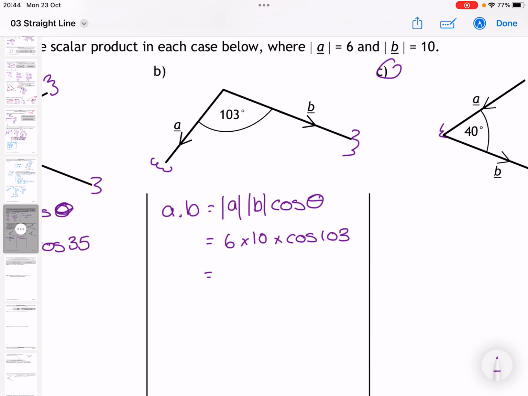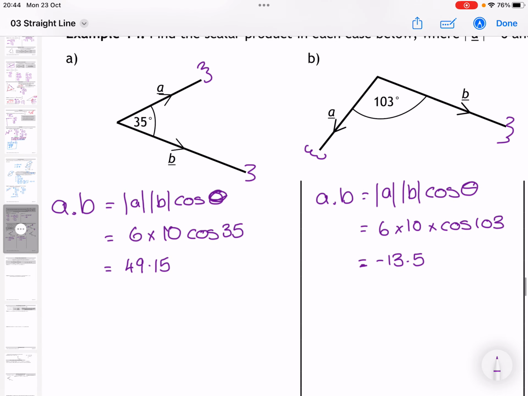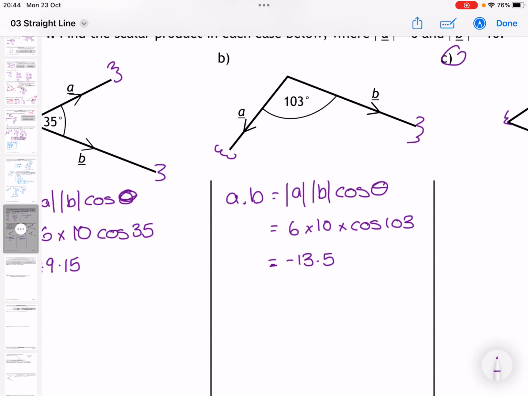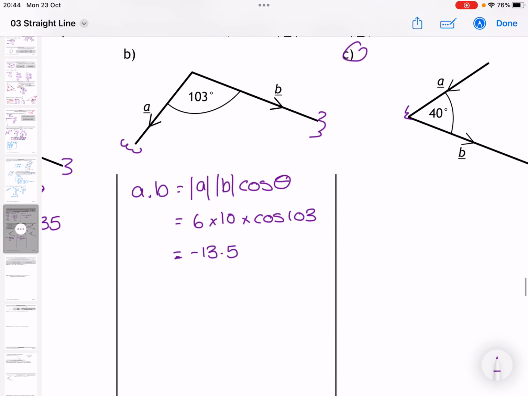Now, if you're working out an obtuse angle for cosine, it's going to be a negative, because of your CAST diagram, that's still in play. So this time, it's going to give you negative 13.5. Please note that my decimals are written in the middle of my digits, and my dot product written at the bottom of the a and the b.